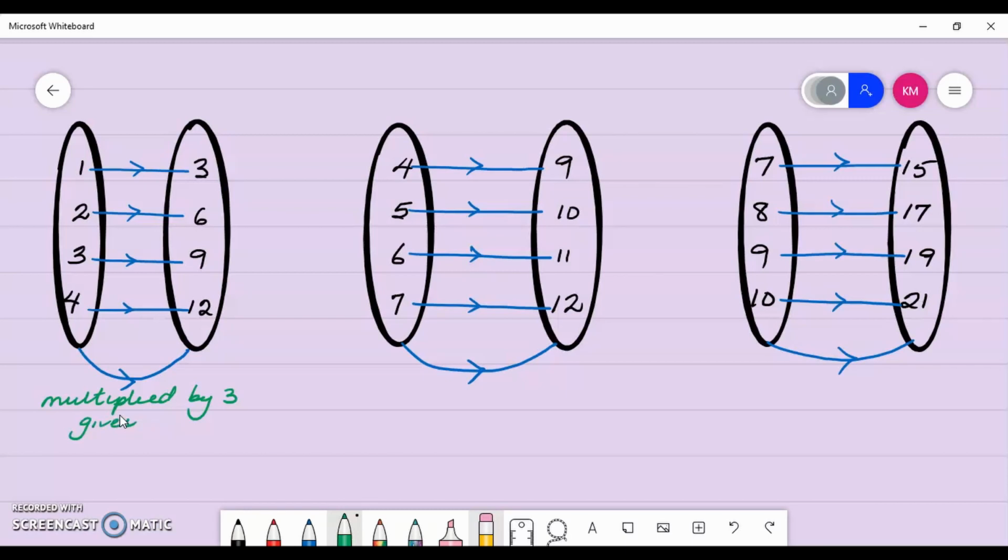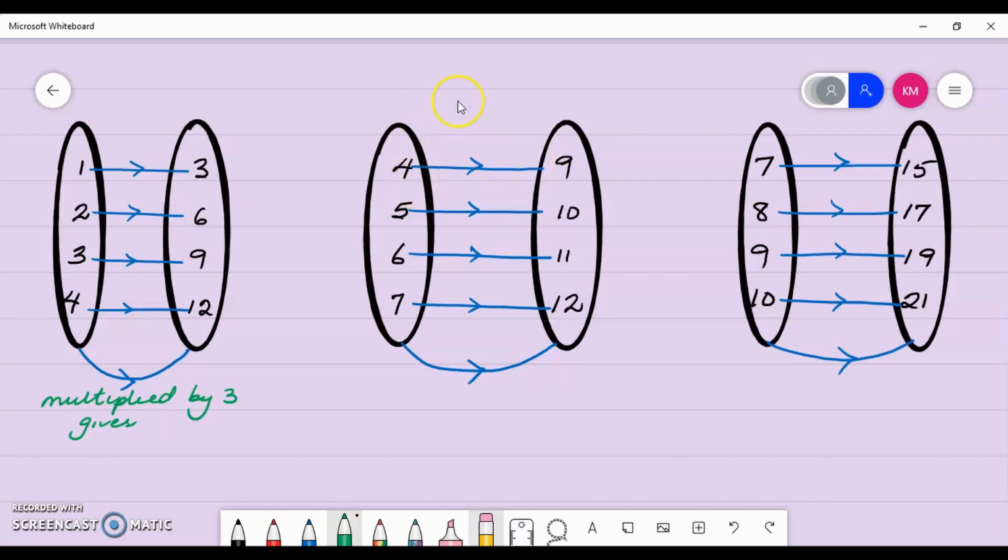Here now, 4 is being mapped onto 9, 5 onto 10, 6 onto 11, and 7 onto 12. So I can see that I simply add 5 to each one of my domain elements in order to get that member that it is being mapped onto.